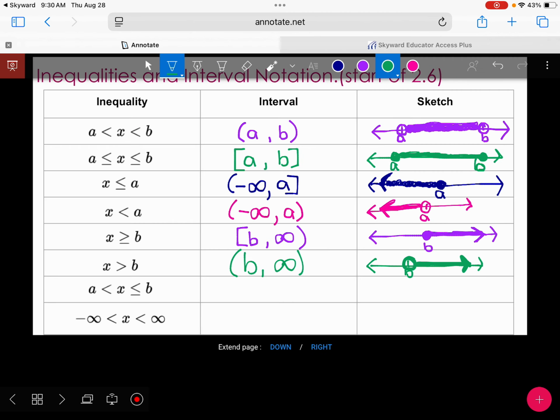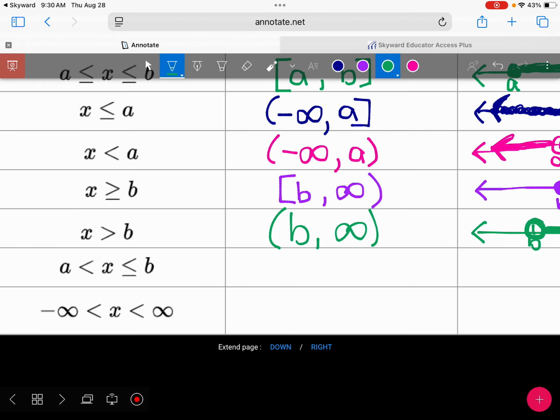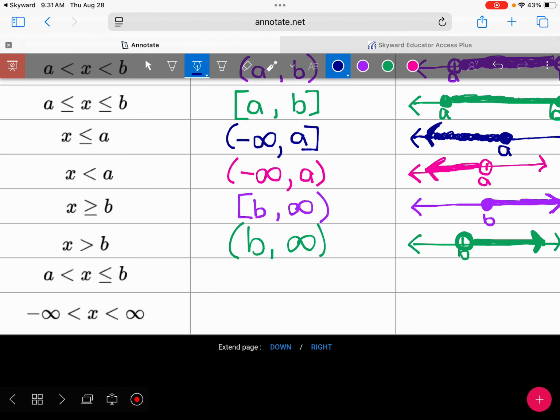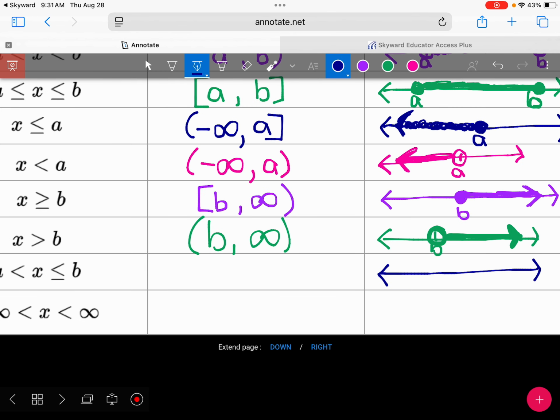What about this next one? A is less than x, which is less than or equal to b. What are we going to do on this one? If it helps, draw it on the number line first. We know we're going to have A and B. Are we going to do an open circle or a closed circle at A?